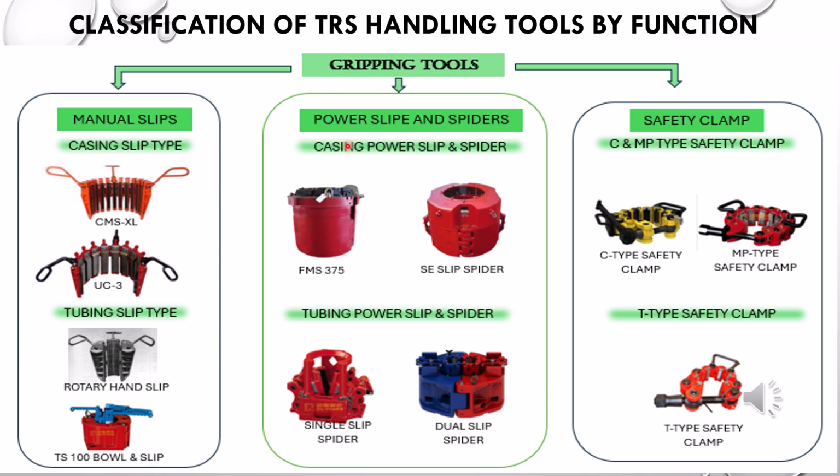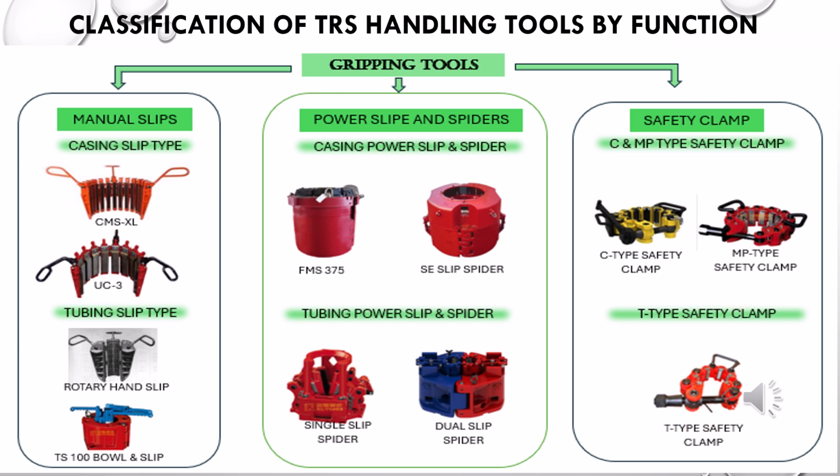For the power slips and spiders, we have FMS 375, and of course we have hesi slip spiders. And for the tubing, we have the single slip spider and of course dual slip spiders. And for the safety clamps, we have the casing and the multi-purpose safety clamps, and of course the tubing clamps.